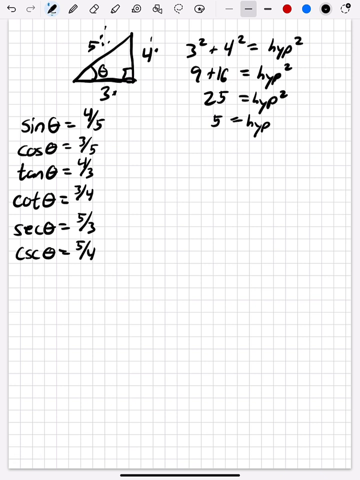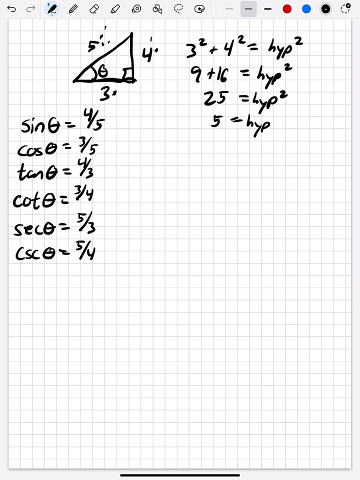Okay. So whatever this angle is down here, doesn't really matter, but the cosecant of that angle would be 5 over 4, and so on, okay? So that's how we can use right triangle trig to be able to find theta. We can also find missing sides if we know the angle, etc.